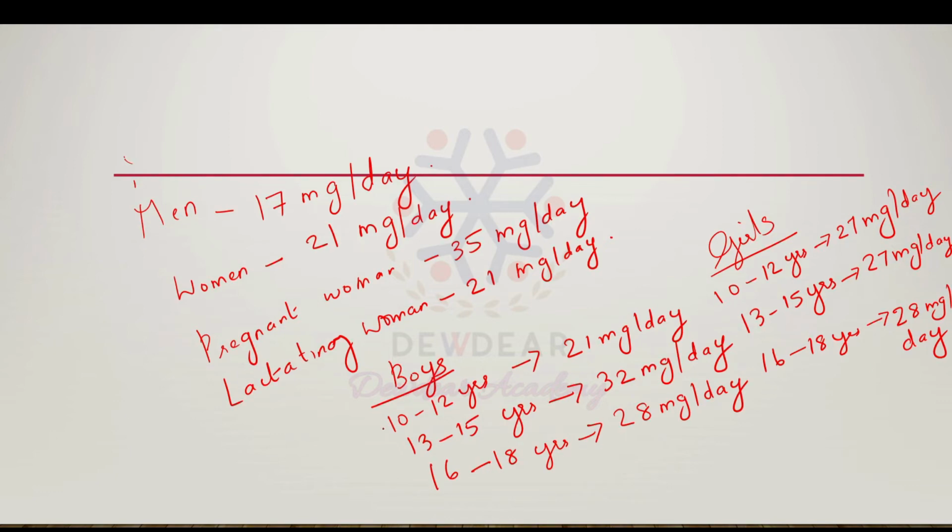For boys 10 to 12 years, it is 21, and for girls it is 27. For boys 13 to 15 years, it is 32, but for girls 13 to 15 years, it is 27. So our question is for a 15-year-old girl, according to ICMR 2010, what is the recommended dietary allowance of iron?